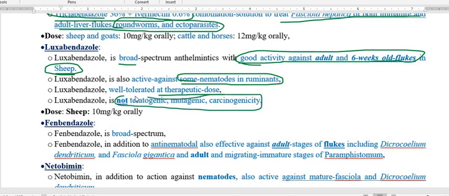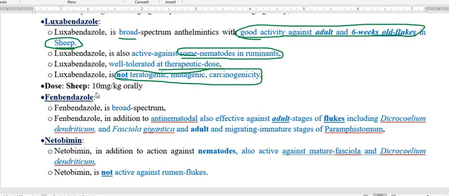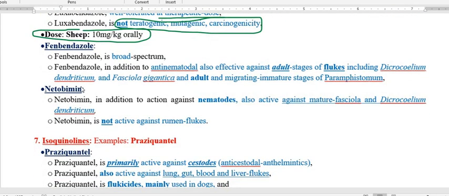So for flukes of 6 week old as well as adult, luxabendazole is also a good choice, used mainly for sheep, and the dose is 10 mg per kg orally.